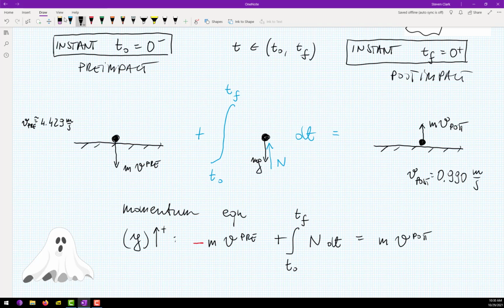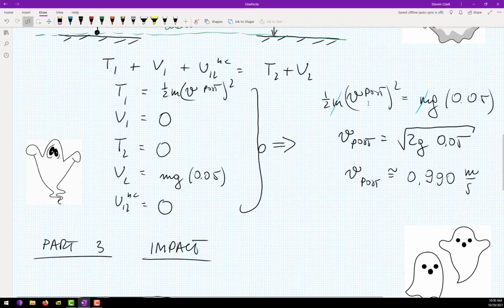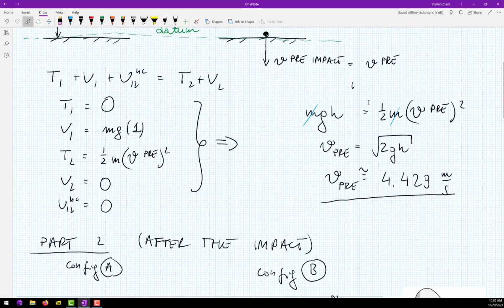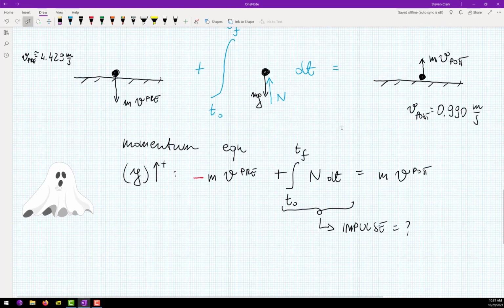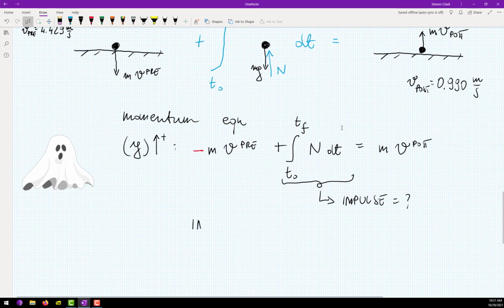What did they ask us for, by the way? Find impulse. So just find this thing. So our impulse, let's save some ink, IMP. IMP is equal to m times v post plus v pre.